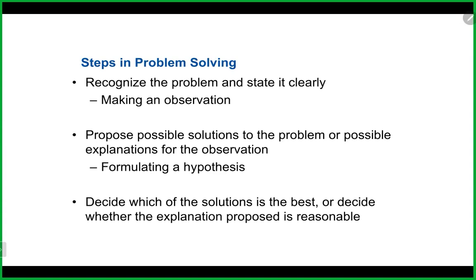So when we observe something happening, a lot of times that will lead to what's referred to as a hypothesis. And a hypothesis is usually a testable explanation of our observations. So a really good hypothesis is one where you could do some type of experimentation, some type of testing to hopefully get those answers to why something is happening.